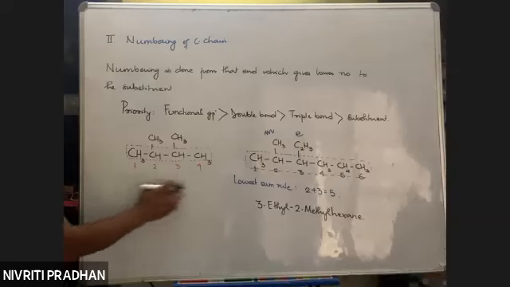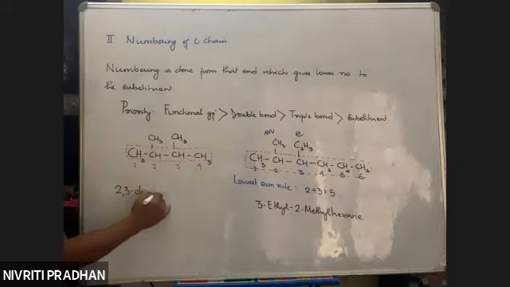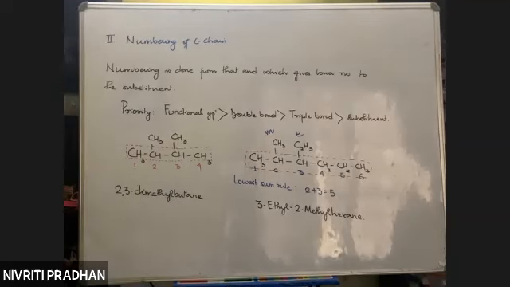Where are they situated? 2 and 3, so it will be 2 comma 3, dimethyl, then butane. 2,3-dimethylbutane. If they occur thrice, trimethyl. If they occur 4 times, tetramethyl, and so on.